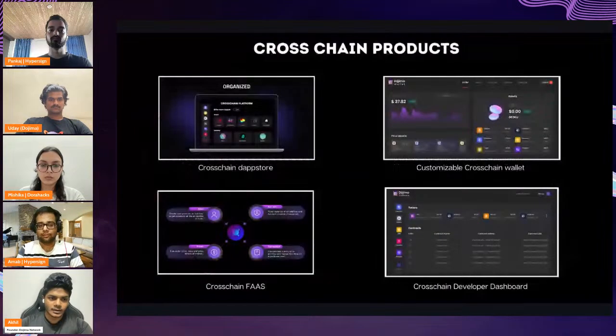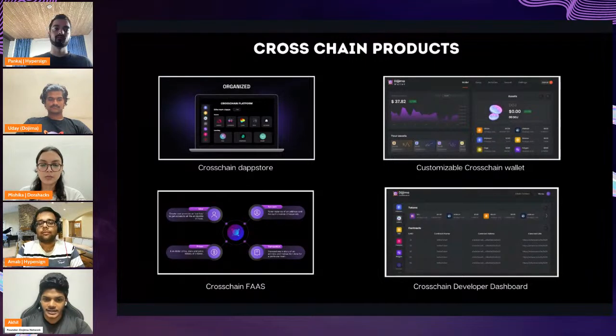Along with our core architecture that connects all blockchains, we built a suite of cross-chain products that complete the cross-chain ecosystem we're trying to build. We're building a cross-chain dApp store that brings dApps from all chains onto a common platform in a decentralized way. We recently released our cross-chain wallet and functionality as a service, where the wallet lets users use all of their tokens in one place, and our wallet API helps developers integrate cross-chain functionality into their dApp.